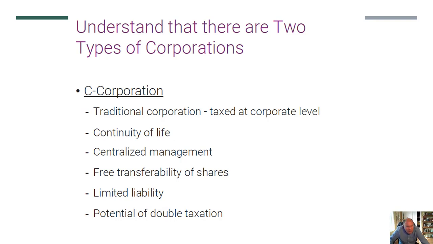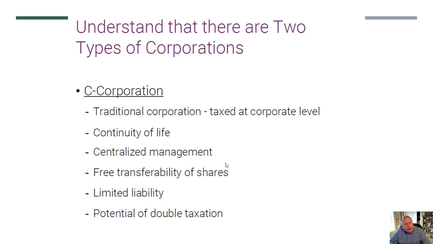though, we need to understand that there are two types of corporations. What we call a C corporation, and that's a traditional corporation, and taxes are applied at the corporate level. Okay? So the corporation itself is taxed. It has a continuity of life, it doesn't end, centralization of management, free transferability of shares, and limited liability for the shareholders.